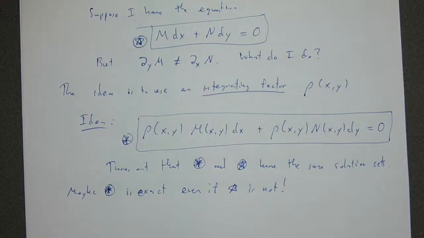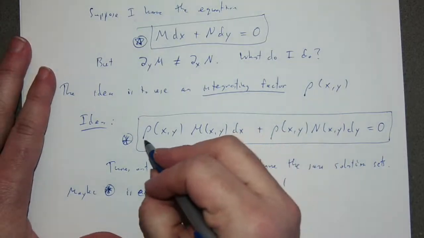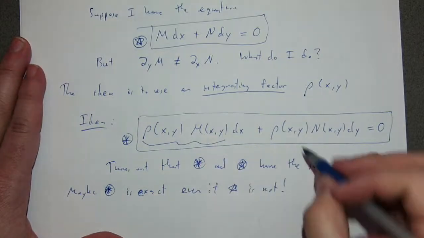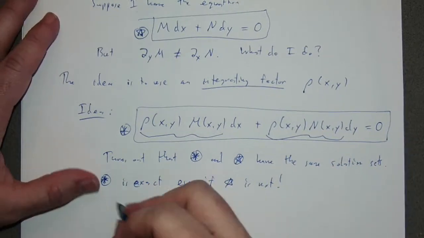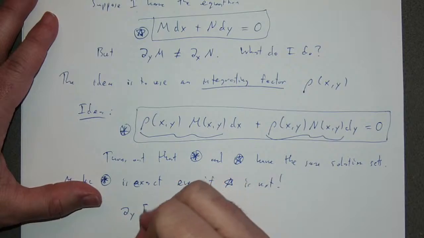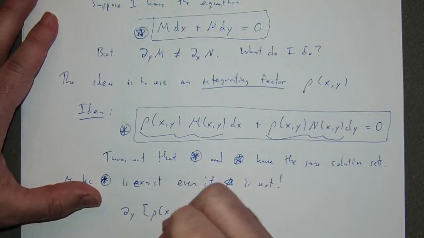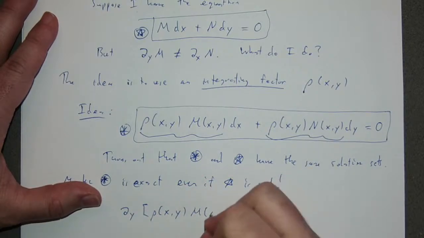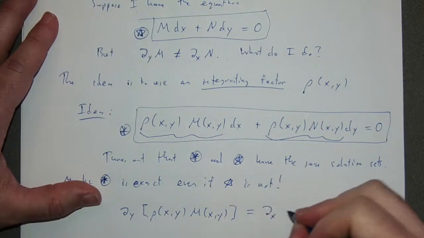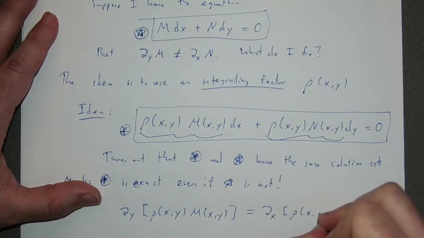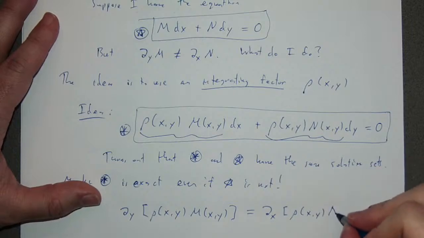Well, how would I check whether or not it's exact? This would be like my new big M, and this would be my new big N. So what would need to happen? The y partial of rho of xy times M of xy needs to equal the x partial of rho of xy times N of xy.